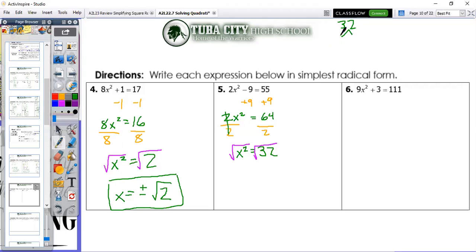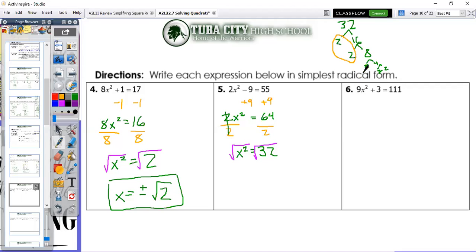So if I want to completely factor 32, let's start off with taking out the smallest factor. So that's 2 times 16. 16 is 2 and 8. 8 is 2 and 4. And 4 is 2 times 2. I'm getting really, really small here. So that's 1, 2, 3, 4, 5 2's.